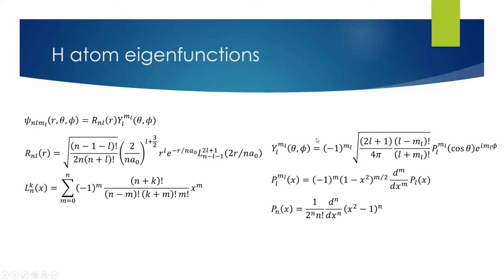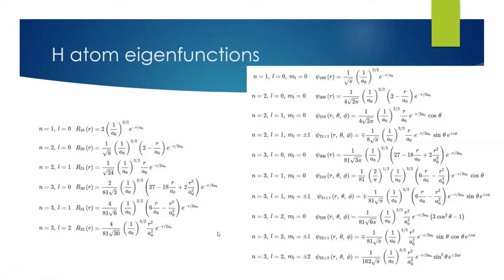Our functions Y of theta and phi are the exact same spherical harmonic functions as we have seen before. So if we can come up with our radial functions, we can multiply them by our spherical harmonic functions to get the total wave function for the hydrogen atom. Let's go ahead and look at some of these functions. On the left here, I have the radial functions.